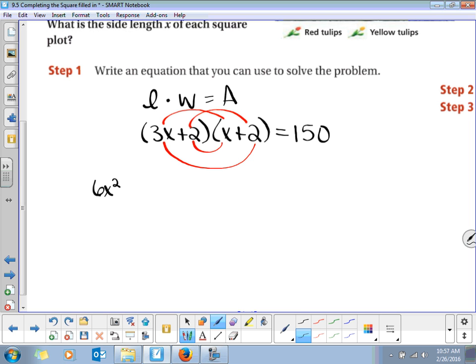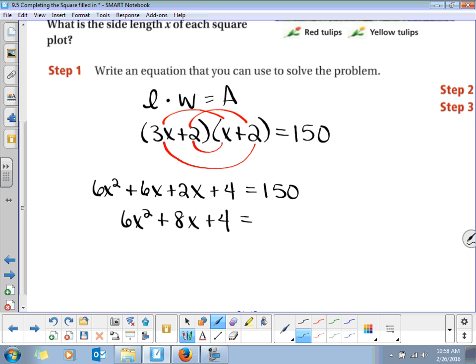Outer is 3x times 2, so that's plus 6x. Inner is 2x, so that's plus 2x. And last is 2 times 2, plus 4, and that's going to be equal to 150. Simplifying more, we've got 6x squared plus 8x plus 4 is equal to 150.